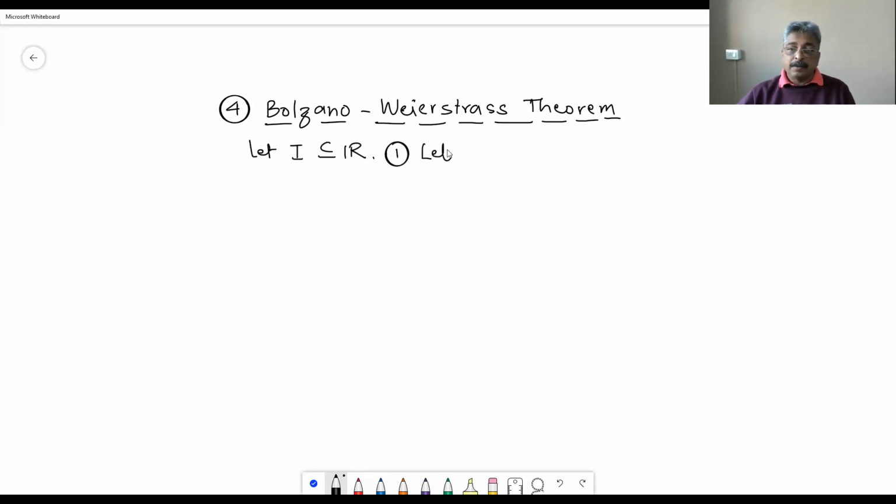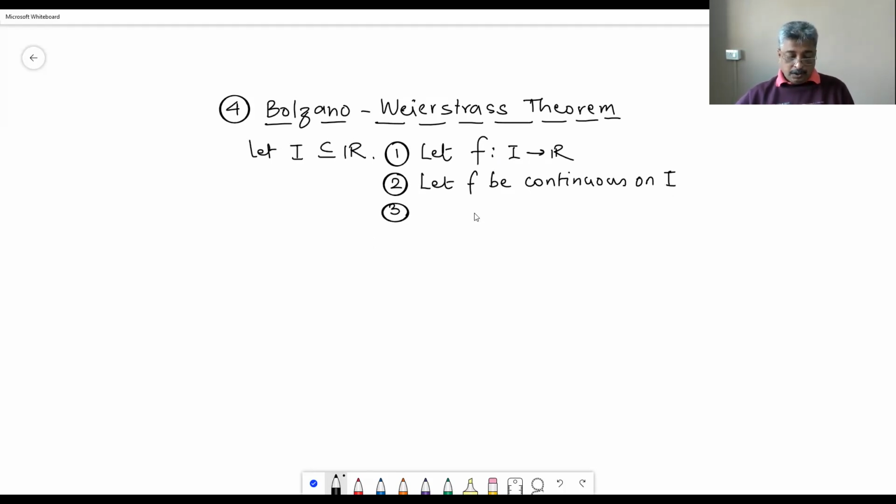Let f be defined from I to R. Two: let f be continuous on I. Three: let a comma b be a closed interval contained in I. Four: f of a is greater than 0 and f of b is less than 0.